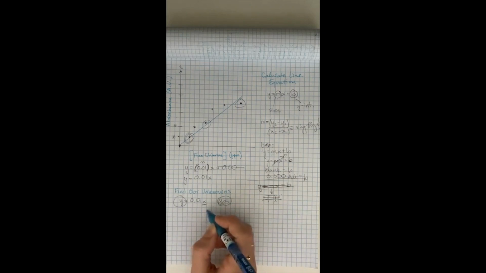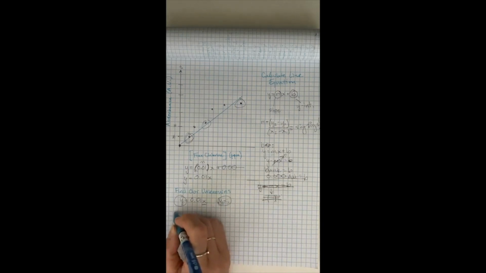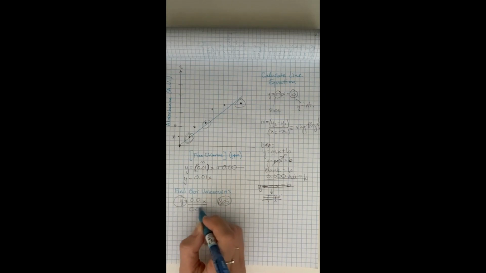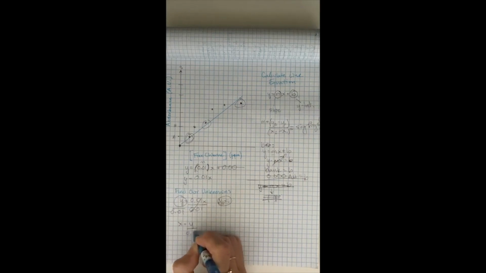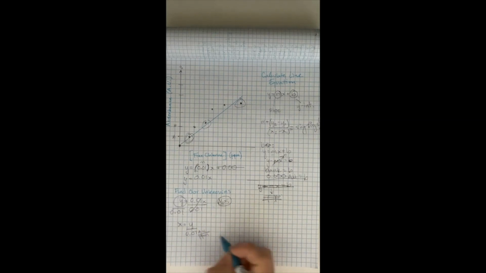So let's change this to solve for x. So in order to do that, we're going to divide by our slope. So we're going to get x is equal to y divided by 0.01. And you can have the units however you need. Then you're going to plug in the y value, or the absorbance value, of your table or of your unknown, and it's going to report that concentration, and you're going to fill in your table too.